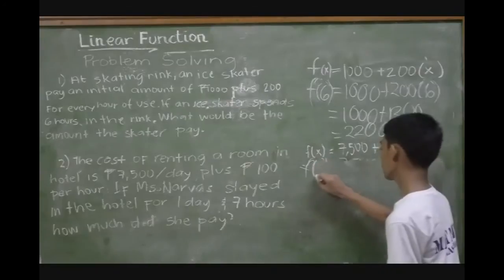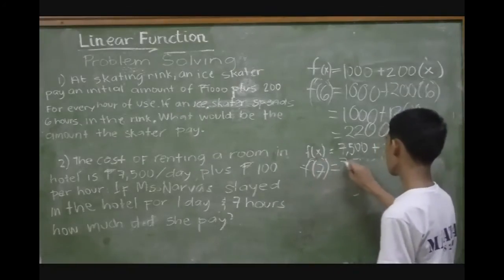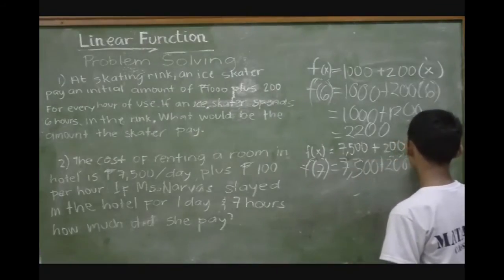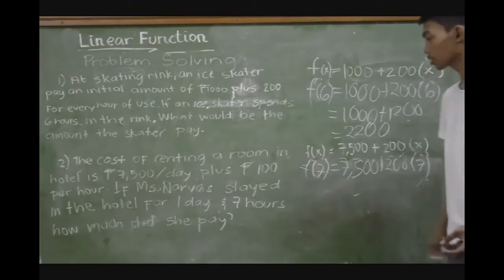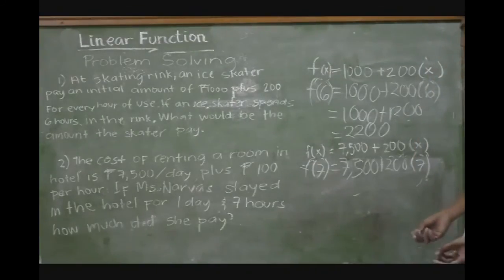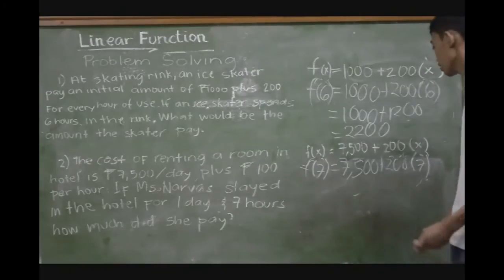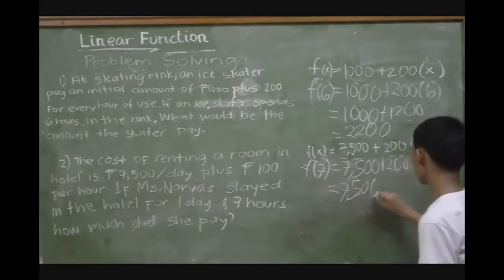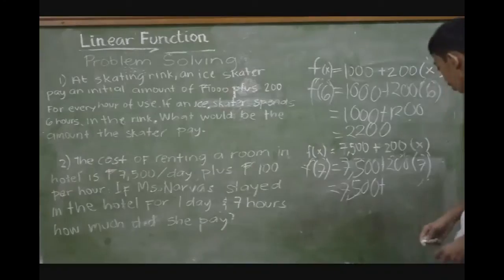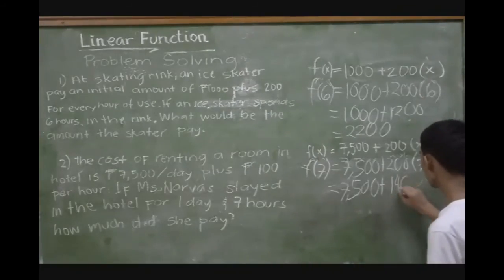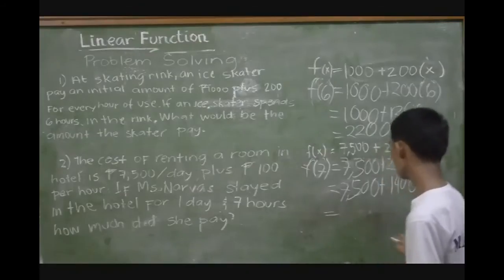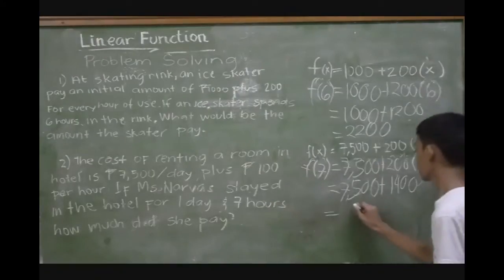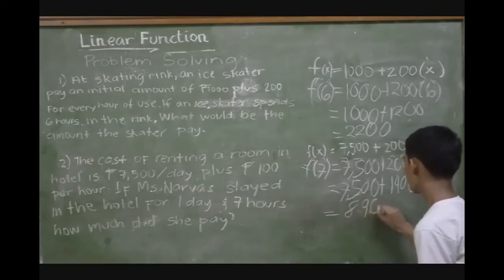F of 7 equals 7,500 plus 200 times 7, because she stayed in the hotel for 1 day and 7 hours. 200 times 7 is 1,400. 7,500 plus 1,400 is equal to 8,900.